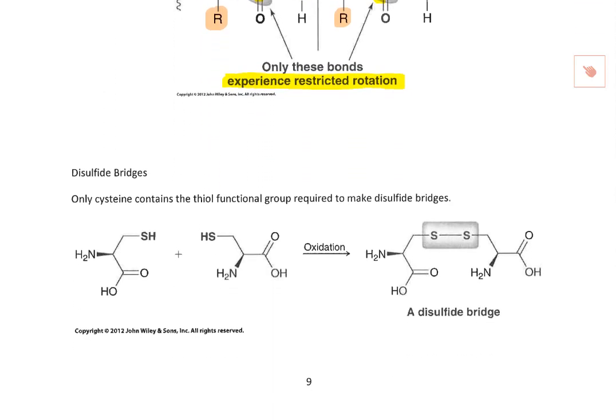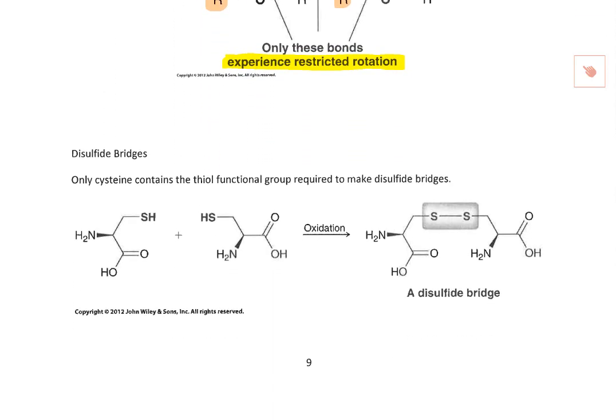So let's talk about some other things that are going to be involved in your secondary structures. So first is, well, I guess this is the last one, disulfide bridges. So if you have seen disulfide bridges before, they are sulfur-sulfur bonds that are occurring between two amino acids.